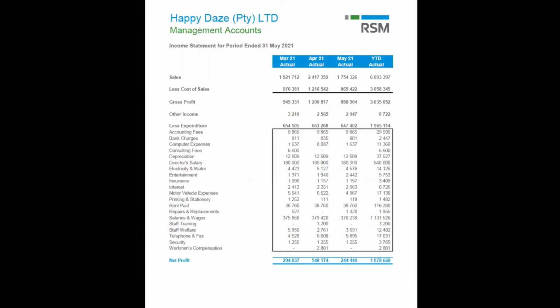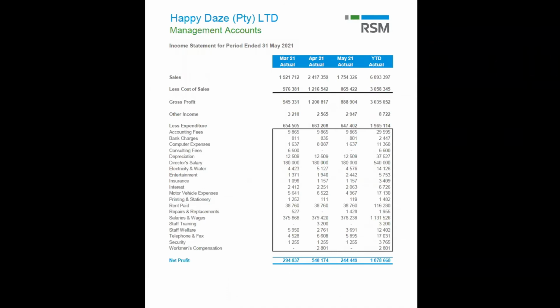You'll see a less expenditure row, ranging below it alphabetically from A for accounting fees to W for workman's compensation. And this finally gives us the net profit, being the difference between gross profit and the expenses.